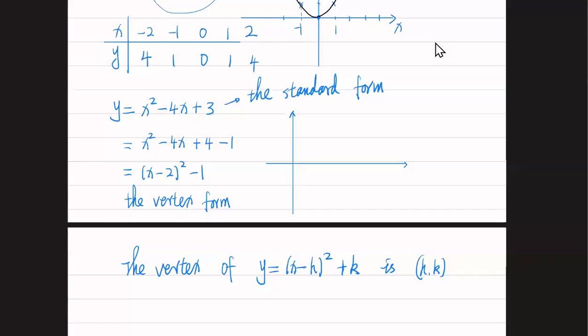Okay, so this is the vertex form. We have the h and the k. You can see here, subtract 2, subtract 1, so h is 2, k is -1. Let's find this point, (2, -1).